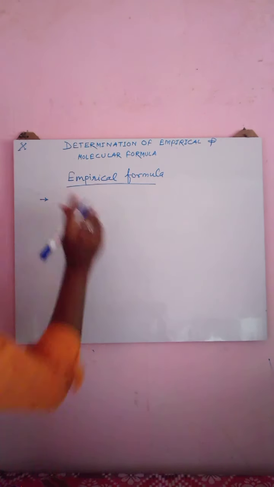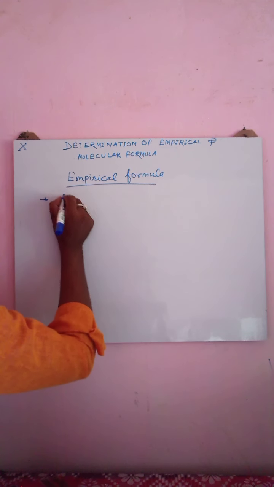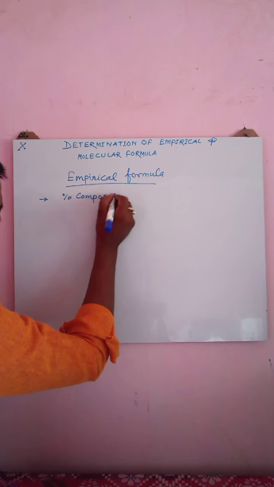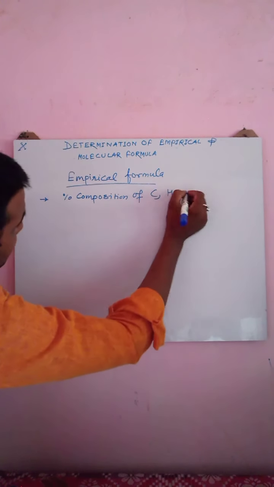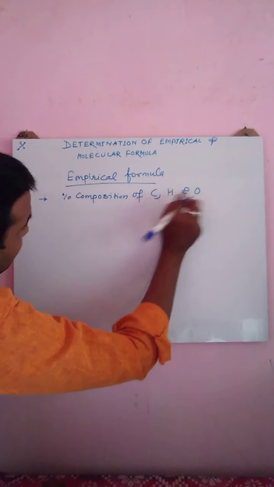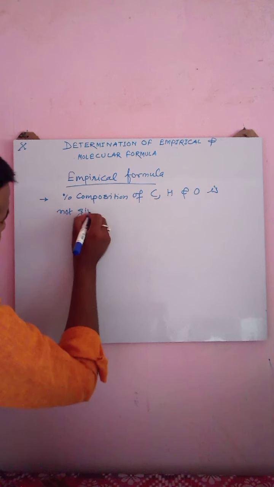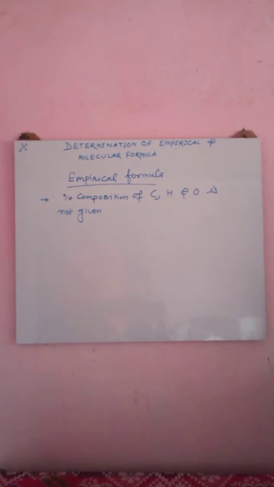If we talk about organic compounds, sometimes in a numerical problem the percentage composition of carbon, hydrogen and oxygen is not given.